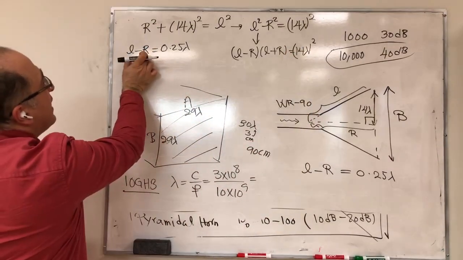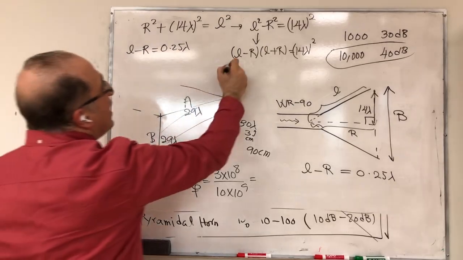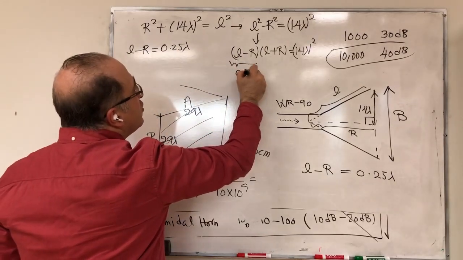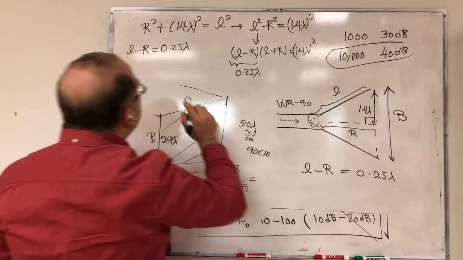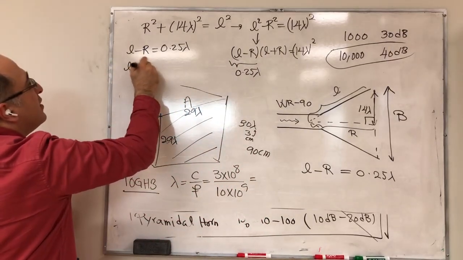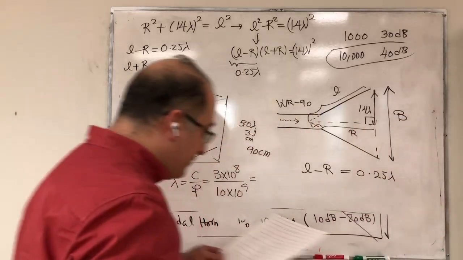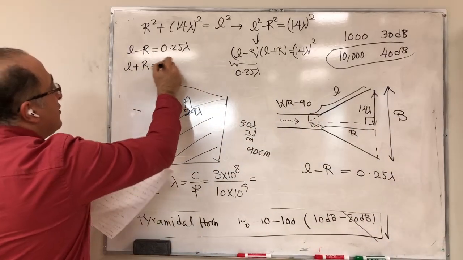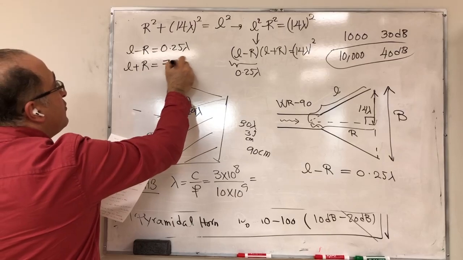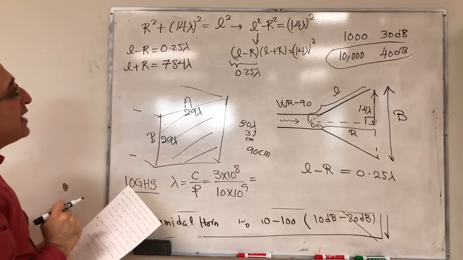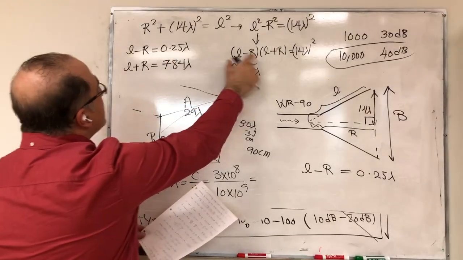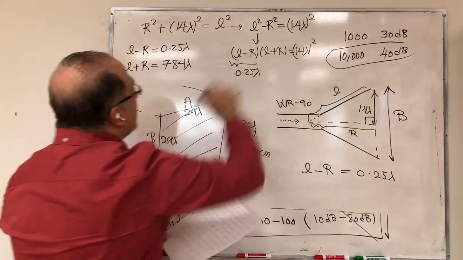I already know that L minus R is 0.25 lambda, therefore I can find L plus R. L plus R becomes approximately 784 lambda based on this calculation.